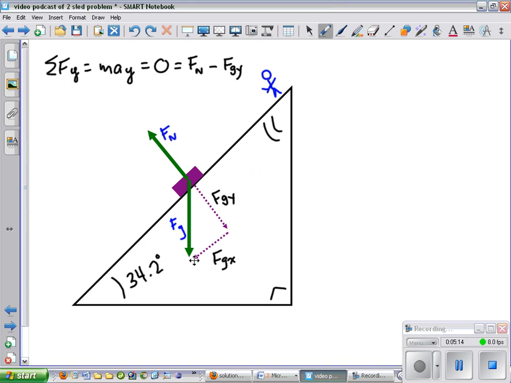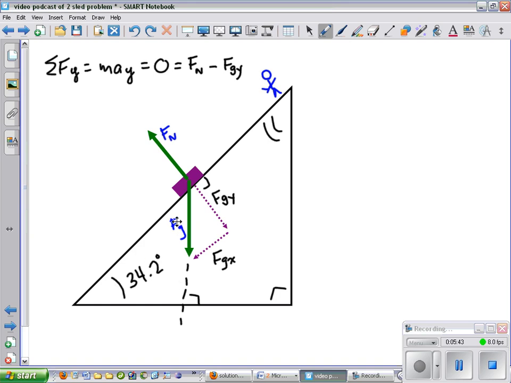So if we extend our gravity triangle here, you can see that this line is perpendicular to here, and also, by definition, the support force, or the normal force, is perpendicular to the surface, so this is a right angle.